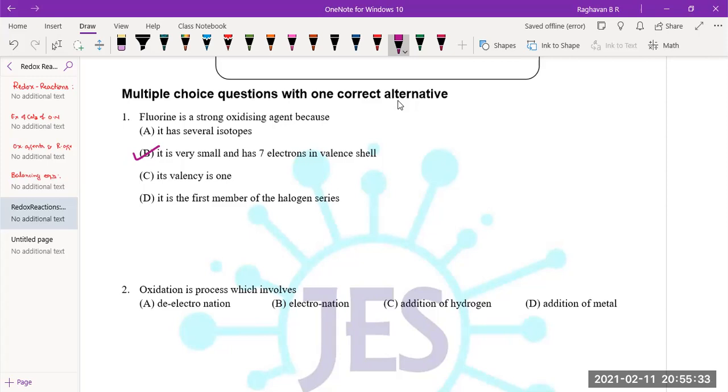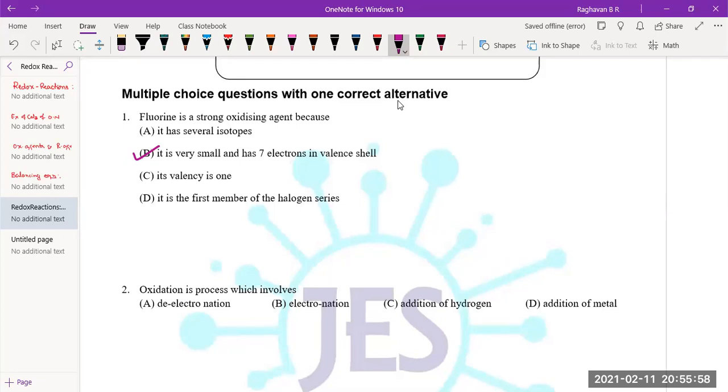So its valency is 1, correct. But why is it so? Because it has 7 electrons. It is very small and always takes electrons. A small atom will have high effective nuclear charge, and high effective nuclear charge means a great thirst for electrons. It will be quenched only when an electron is absorbed.